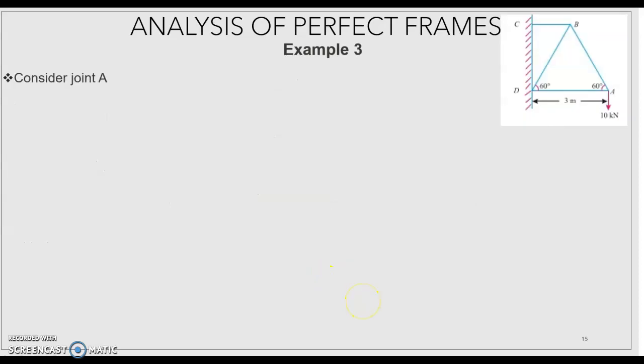For example, a frame is shown here. You can start the calculation from joint A. Draw the free body diagram of joint A. Here, the vertical force 10 kilonewtons is acting downward, and the vertical component of AB is FAB sin 60.